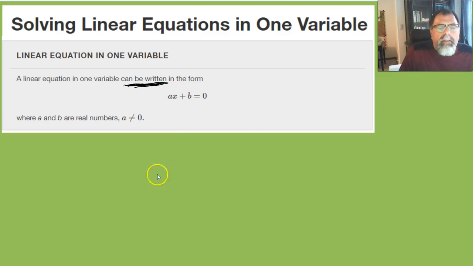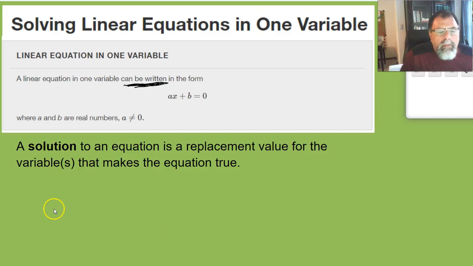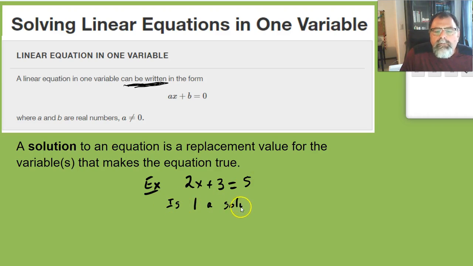That's the big thing. Okay, so I'd like to point out that a solution to an equation is a replacement value for the variable that makes the equation true. So for example, if I had the equation 2x plus 3 equals 5, is 1 a solution?